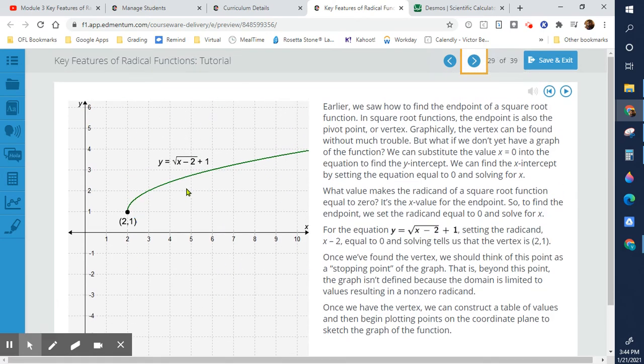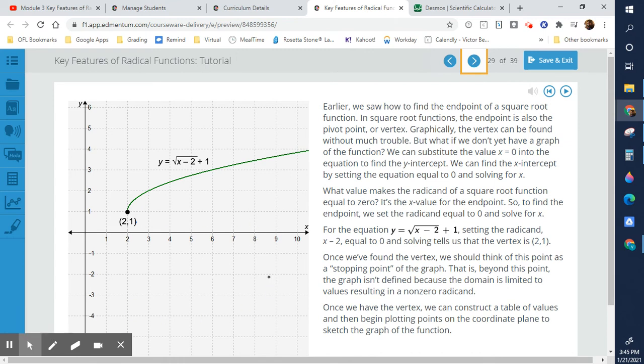The main changes we're going to talk about here: if we're adding something outside the root, we're adding something to the y. If we're subtracting something from the x inside the root, it makes it go backwards. Subtracting from the x is going to have an opposite behavior on our y.